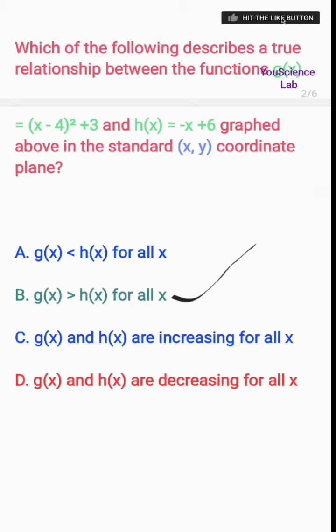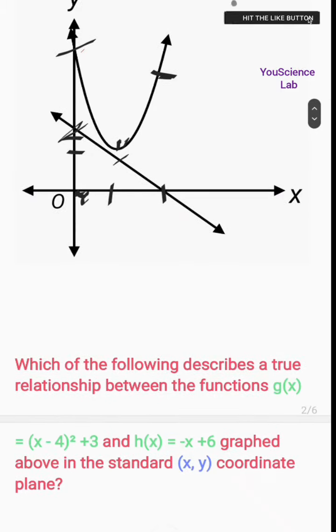Then we can also test for all other values of g of x and h of x. Here we are looking at increasing or decreasing values. So I'm just going to use this to explain options C and D. If you take a look at this curve, you'll find that g of x decreases on the left side downward like this until it gets to the turning point and then increases again.